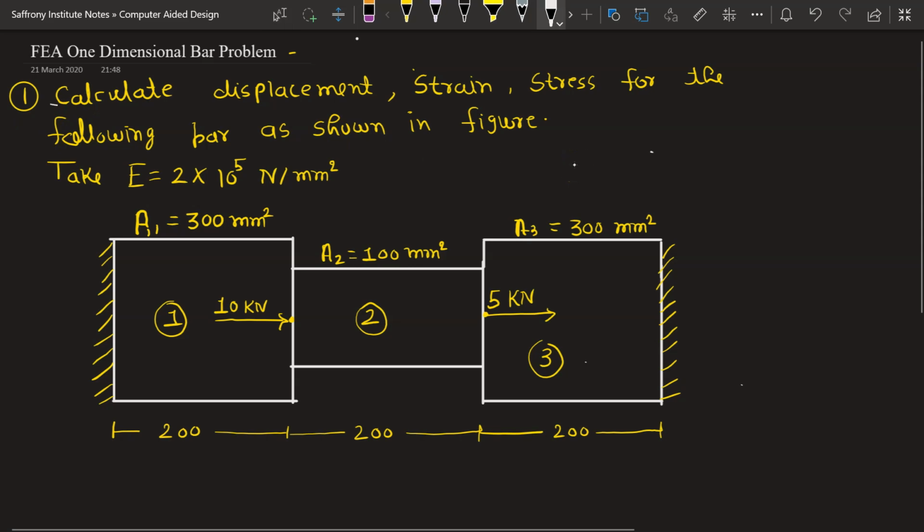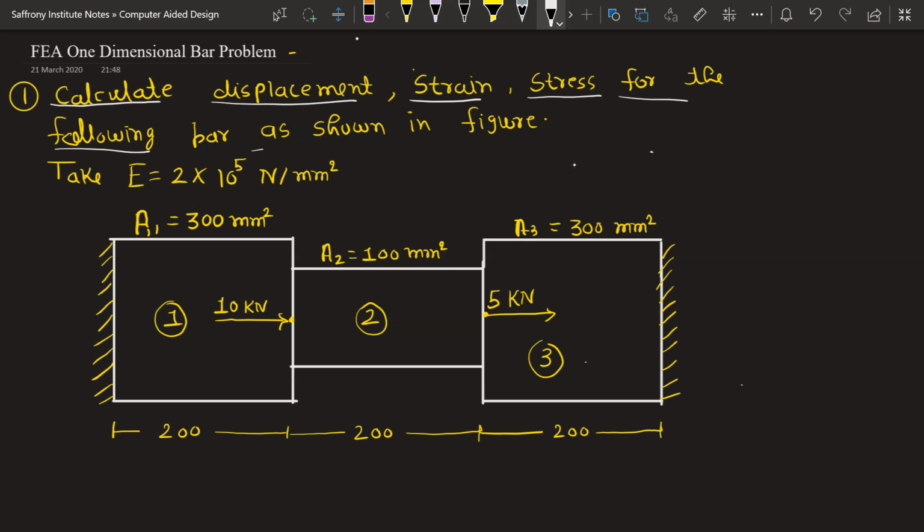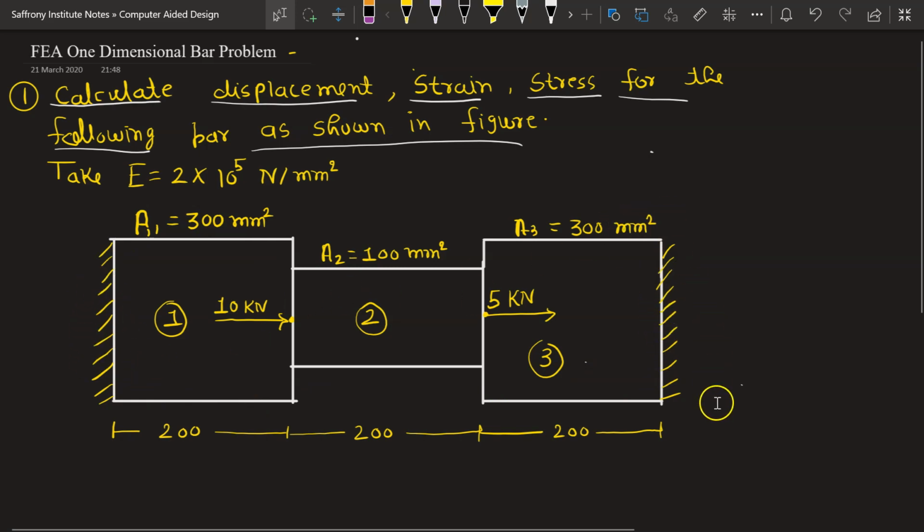It says: calculate the displacement, strain and stress for the following bar as shown in the figure. You can see that there is one bar which is fixed between two different walls.